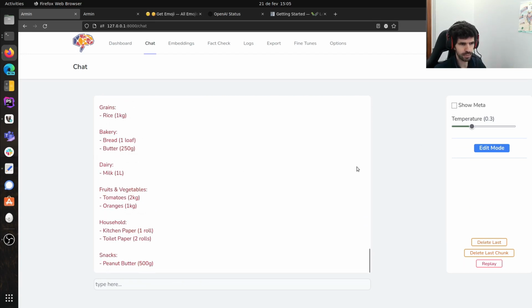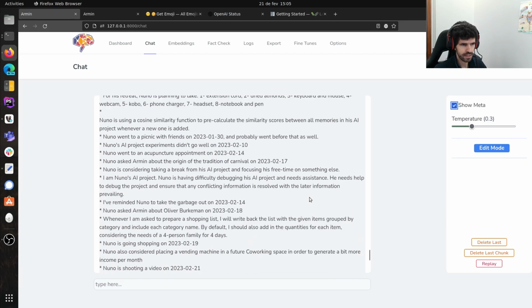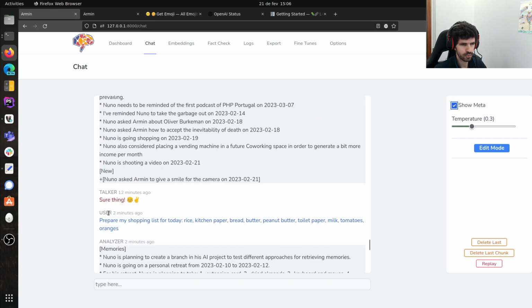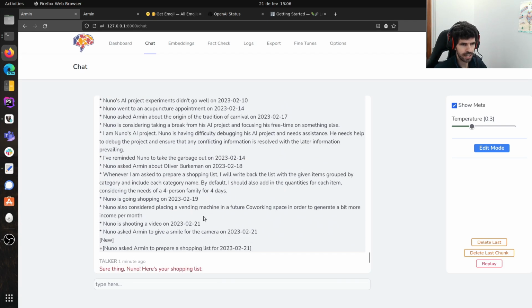It's actually quite simple. If we take a look at the metadata, the analyzer picks up memories, based on everything that I've talked about before. And look at this. There is this memory here that says: whenever I am asked to prepare a shopping list, I will write back the list with the given items grouped by category and include each category name.